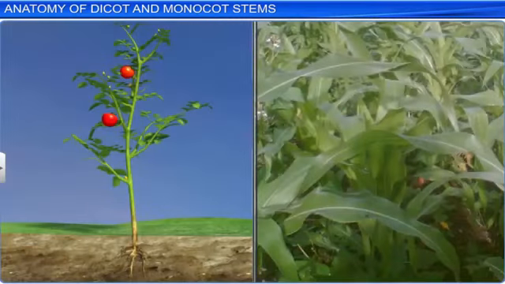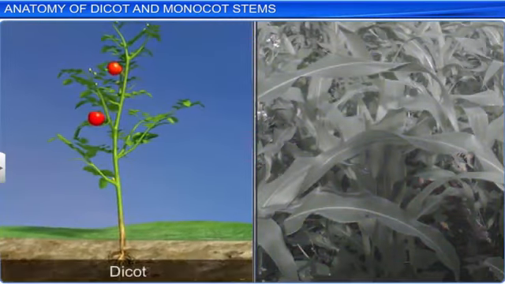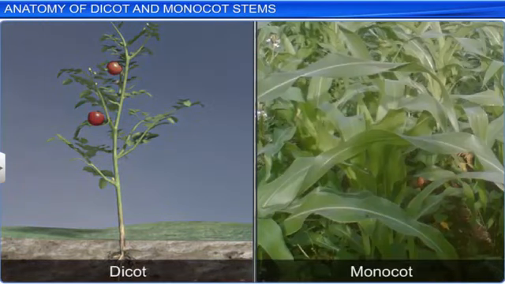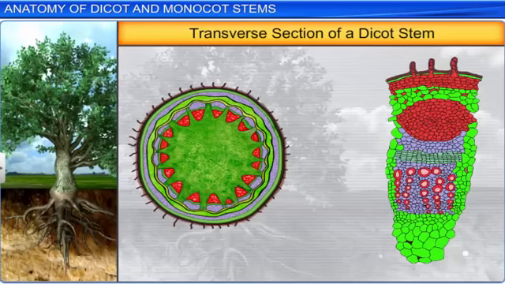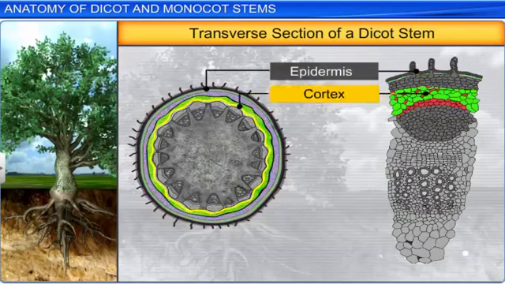Let's examine the internal structure of a stem in dicot and monocot plants. Here is the transverse section of a dicot stem. The regions of tissues in this stem include epidermis, cortex, and stele.